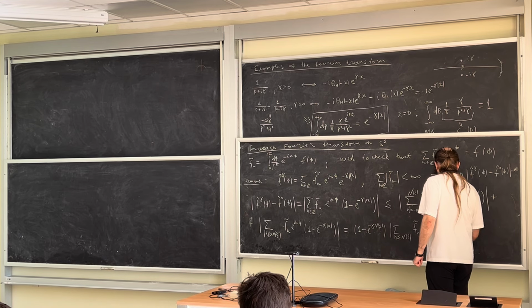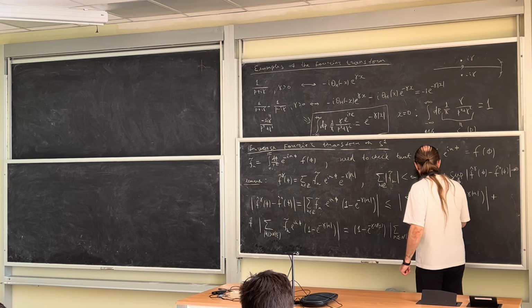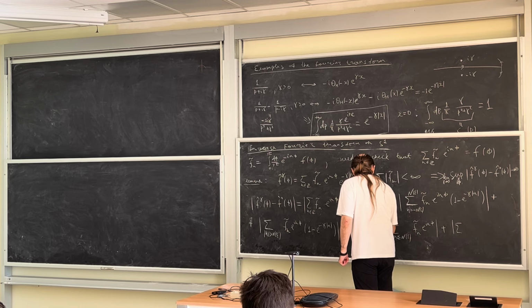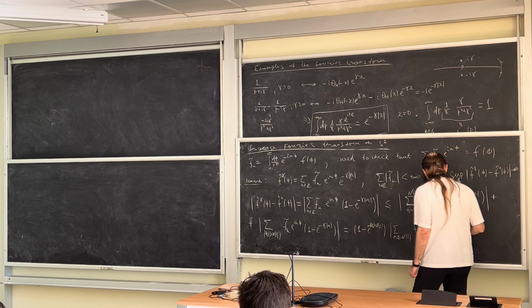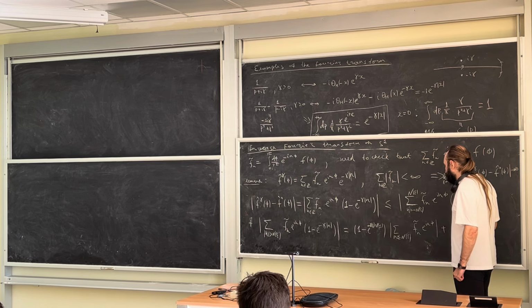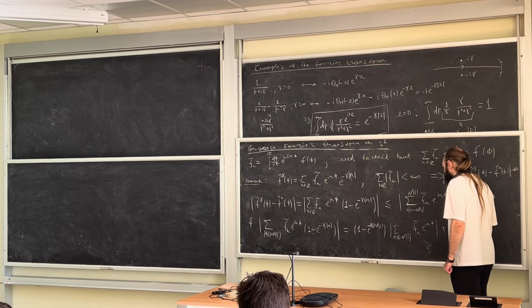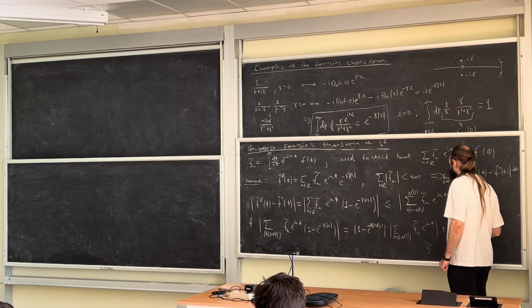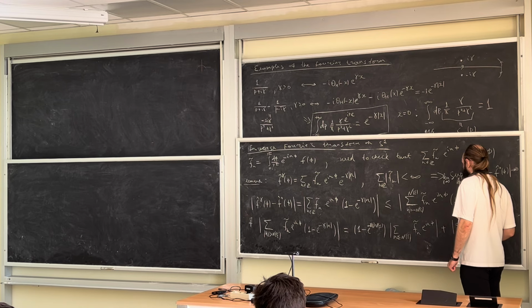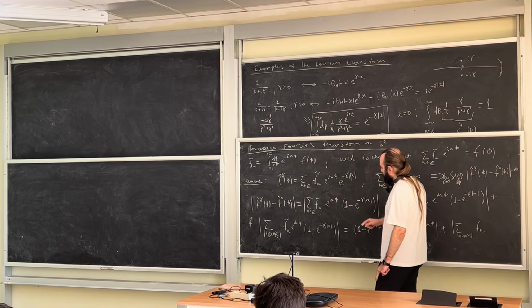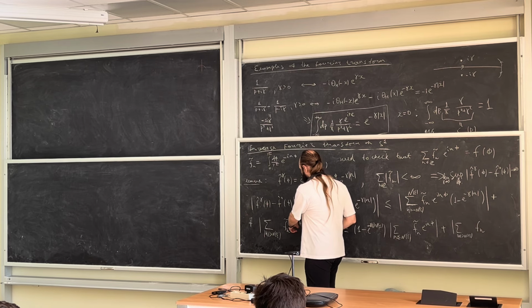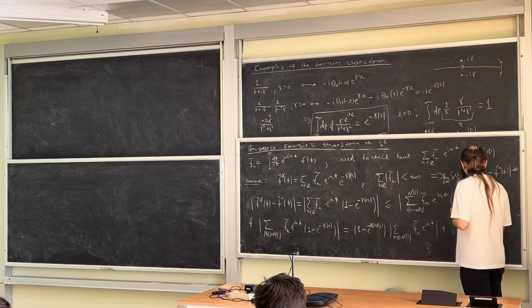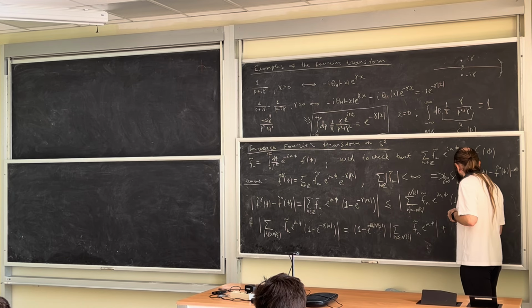Plus, and let me introduce the dependence of gamma on epsilon here. And here we can also remove all these exponential prefactors and write a sum of absolute values like this.